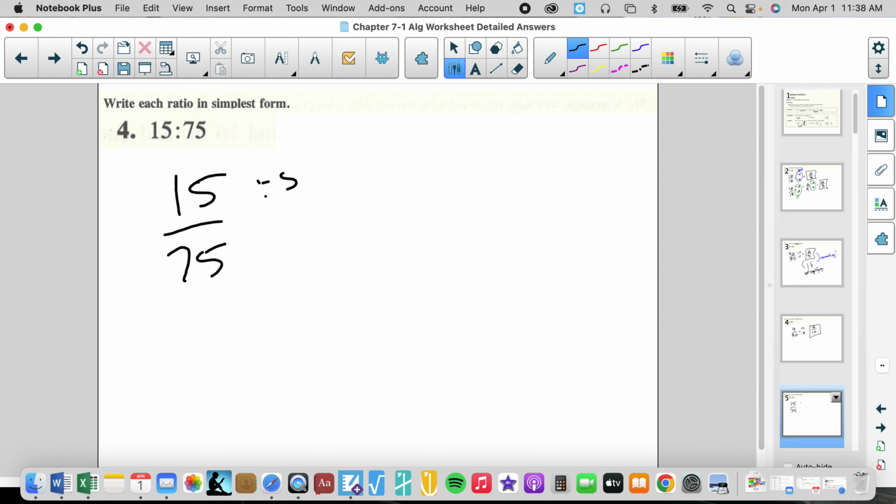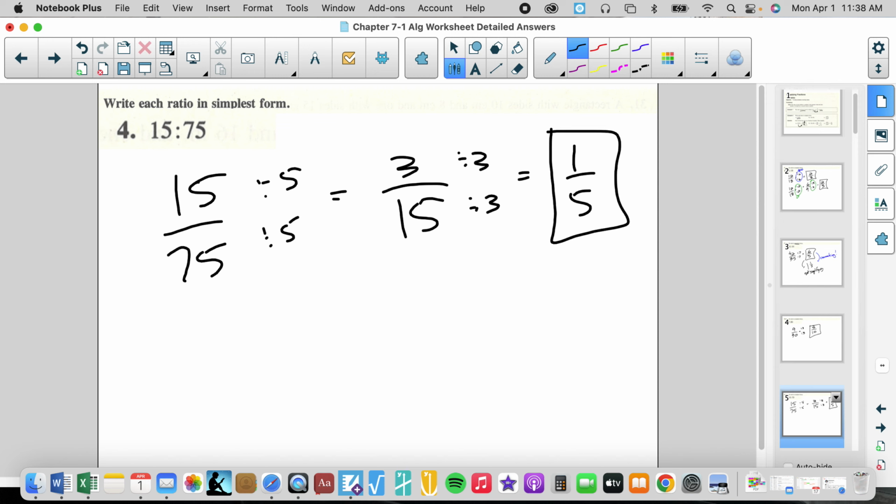We're going to simplify by 5/5, which gives us 3/15. I think it's 15. Oh, look at that. And we notice that we're not done, that we can still simplify by 3, which is 1/5. So that is a great example where we chose just a common factor, not the greatest.